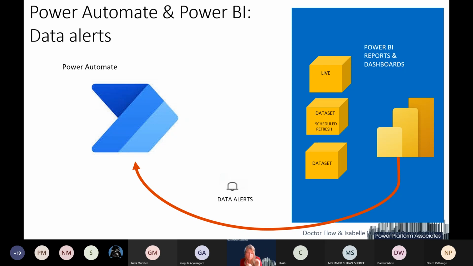And when a certain amount, for instance, is reached, you will receive a notification in the Power BI system, or you can receive an email as well with the alert. In this case, what is possible is that we can trigger a flow in Power Automate from the data alert in Power BI. So in that case, the scenario, and I will show you that, will be that, of course, you need to respond to this event and not only by an email.